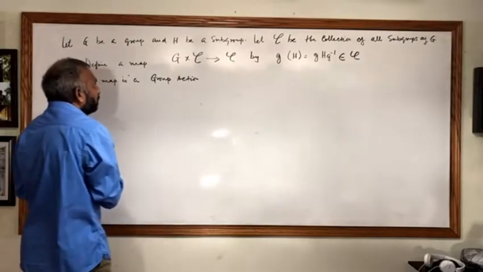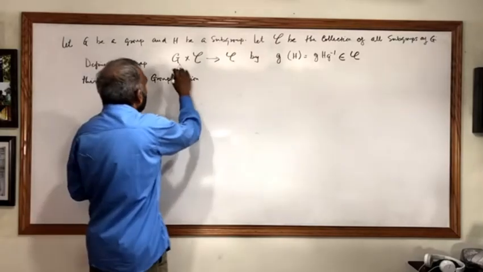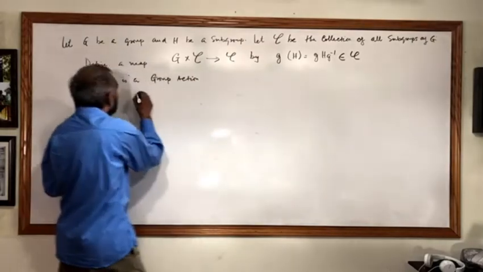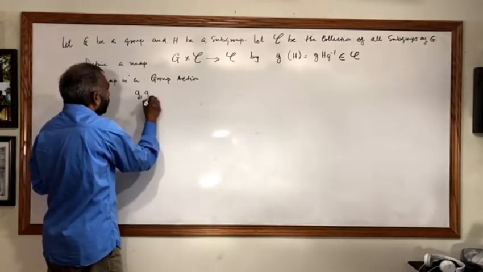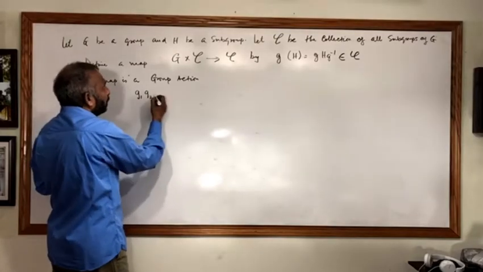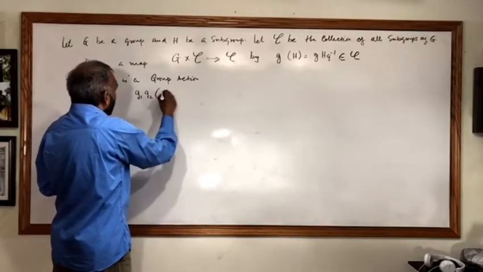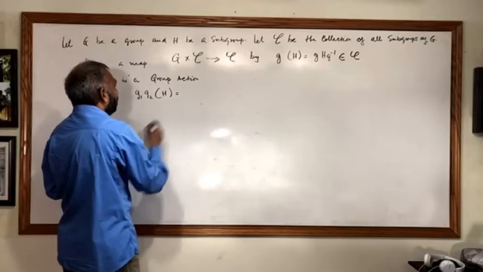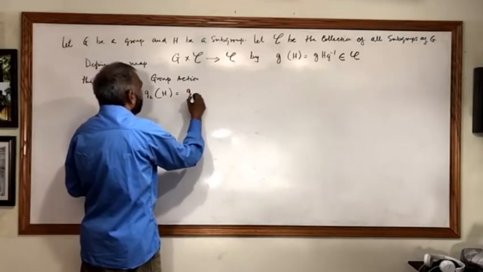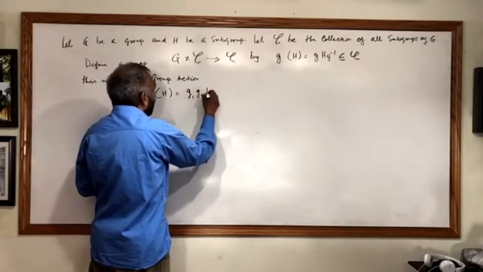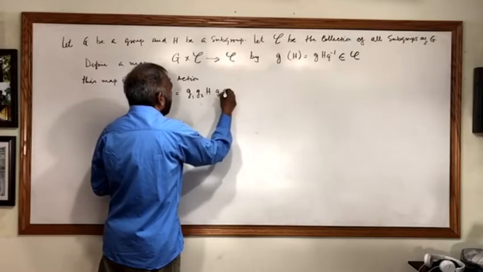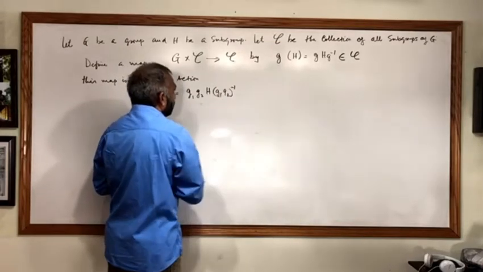The only thing which we need to prove is take two elements g1, g2 of G: (g1 g2)(H) is equal to (g1 g2) H (g1 g2) inverse.